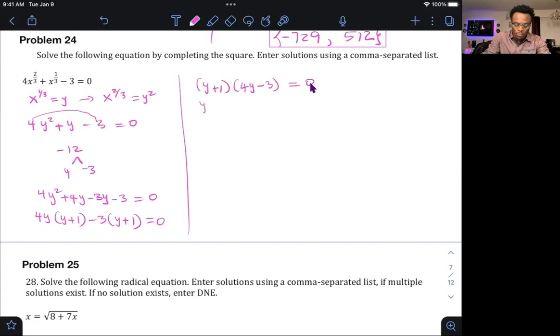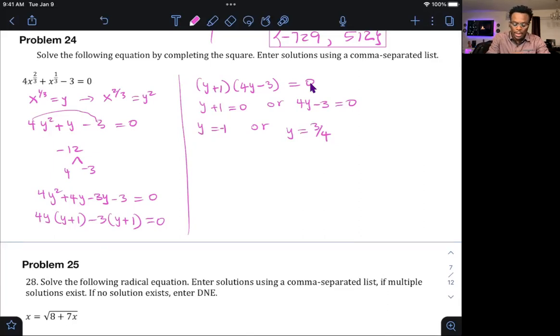And then we would have y plus 1 equals 0, or 4y minus 3 equals 0. First one, y equals negative 1, sorry, because we subtract 1 on both sides.